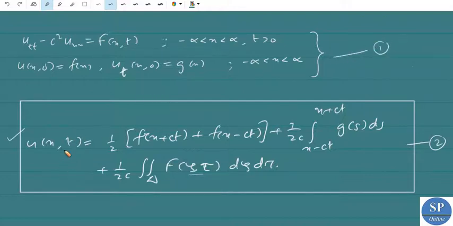if and only if this function, 1 by 2c into the double integral over delta of f of zeta tau d zeta d tau, is a solution of the Cauchy problem, along with the homogeneous initial conditions.